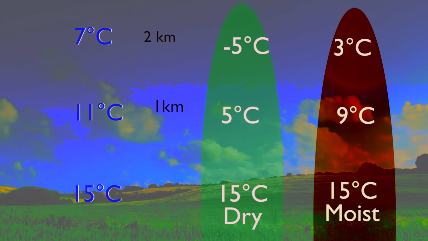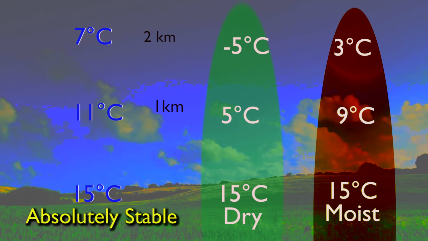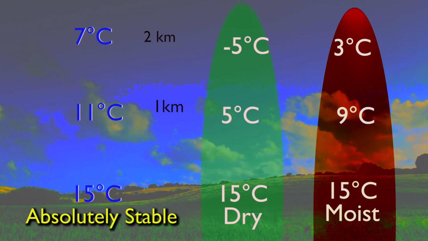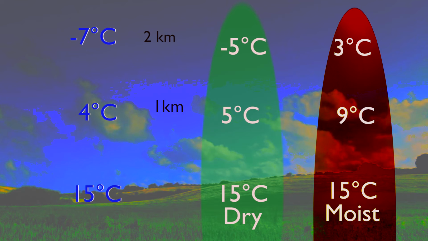In this first example, we assume the environmental lapse rate is 4 degrees Celsius per kilometer. This is shown in the left column of the figure above. The next two columns show the temperatures inside the rising parcels of unsaturated green and saturated orange air. They cool at 10 degrees Celsius per kilometer and 6 degrees Celsius per kilometer. Let's change the environmental lapse rate right now to 11 degrees Celsius per kilometer.